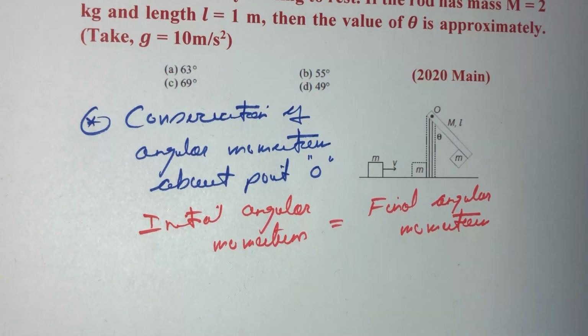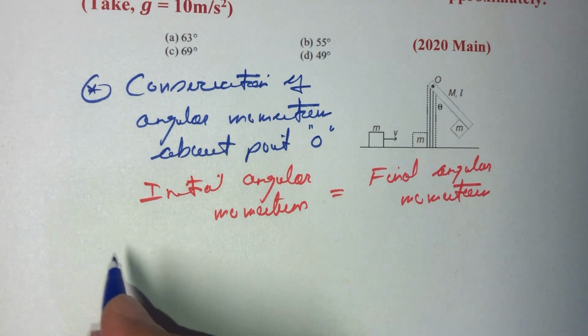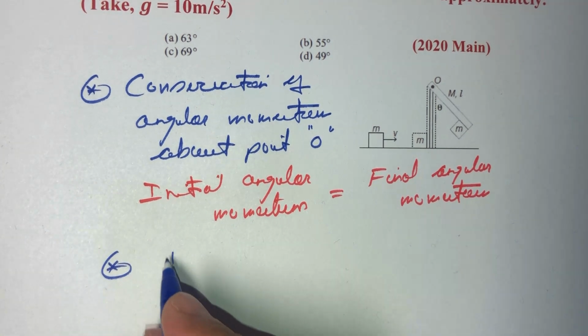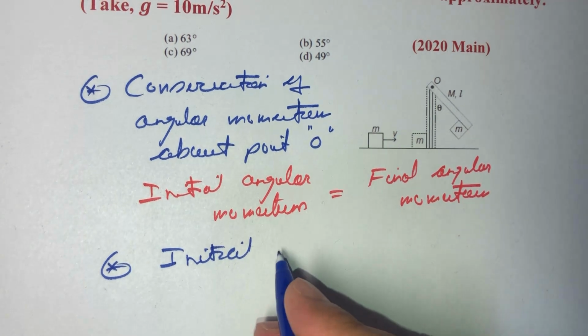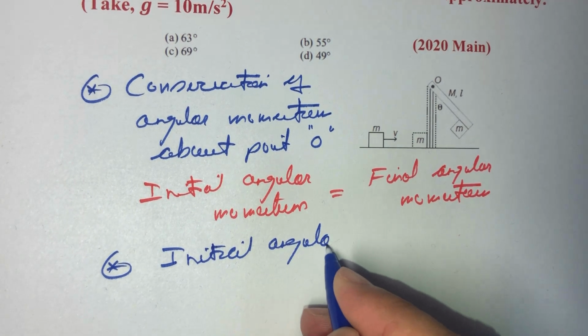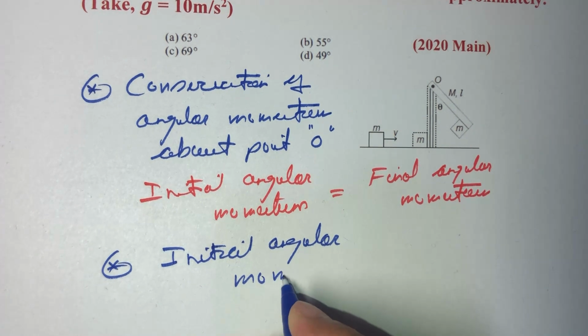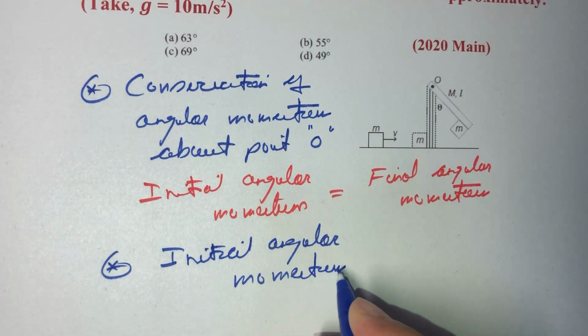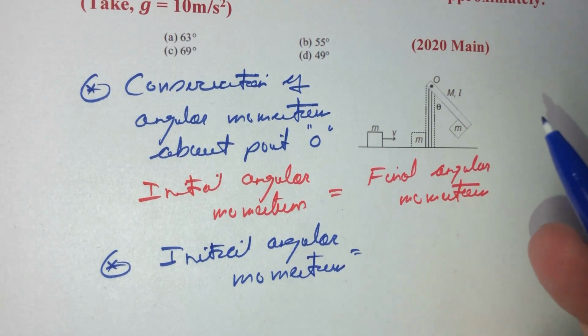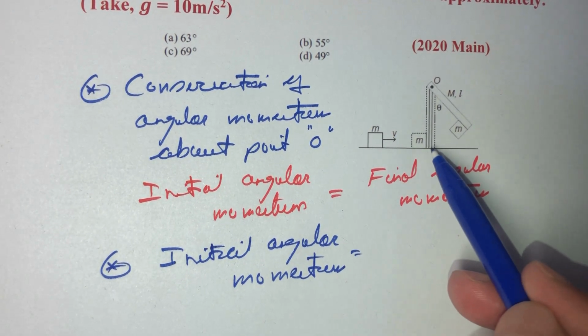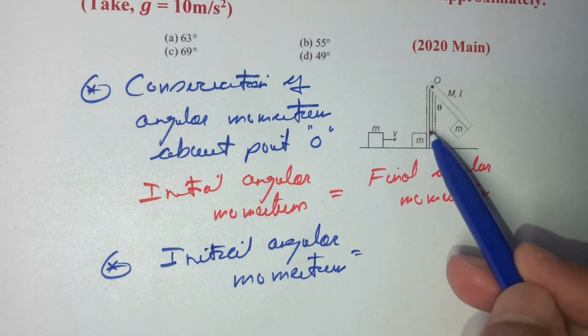So let's first of all find out the initial angular momentum. As the rod is stationary, the only angular momentum present will be that of the block as soon as it strikes the rod.